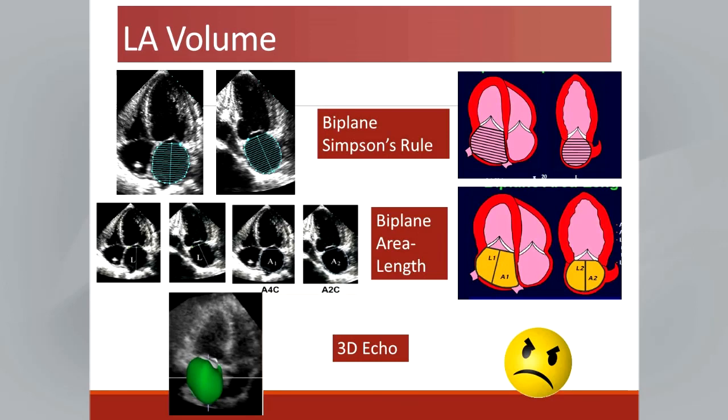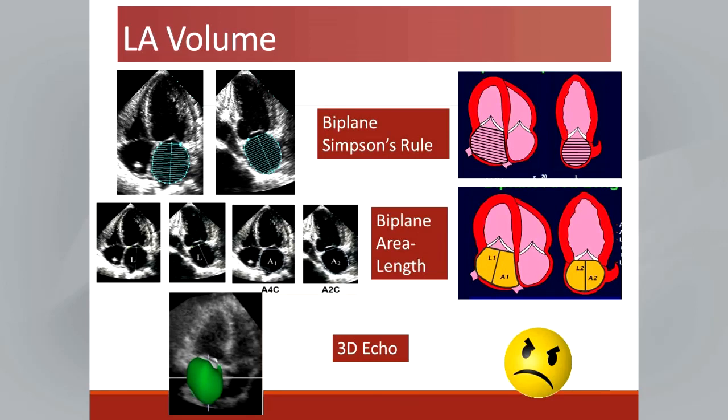And then, of course, we have three-dimensional echo, which would be the best way to do it, but we do not have reliable data. We don't have enough normative data, so we cannot recommend 3D volumes at this particular point.